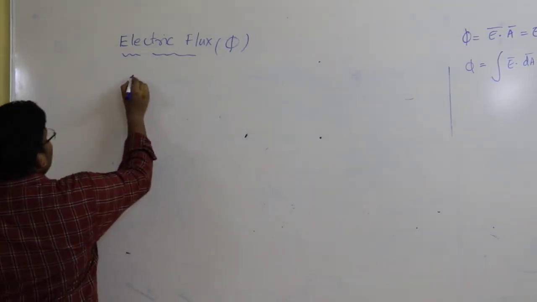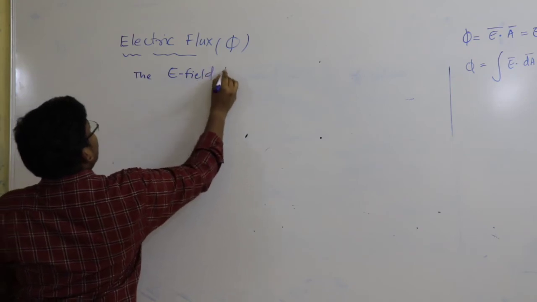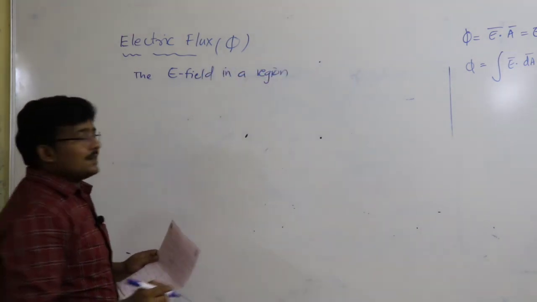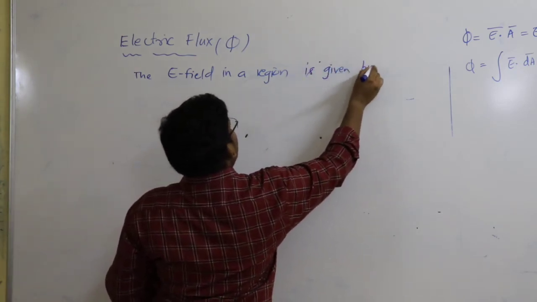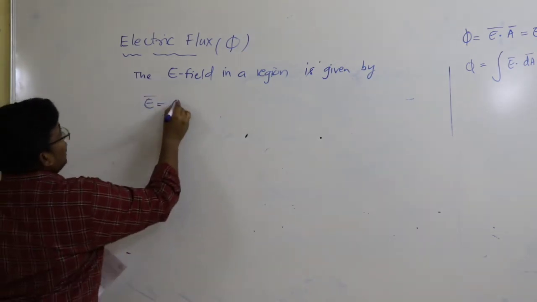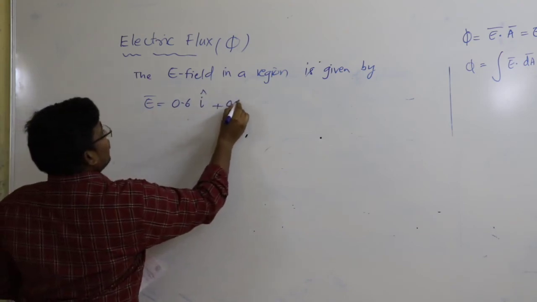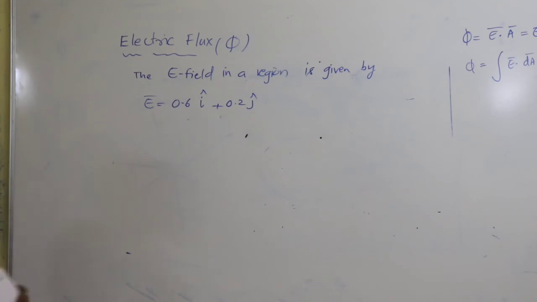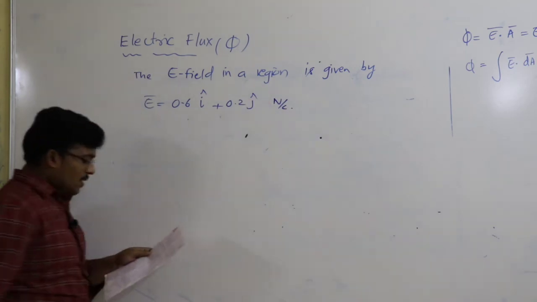For example, the electric field in a region is given by E bar is equal to 0.6 I cap plus 0.2 J cap Newton per Coulomb.